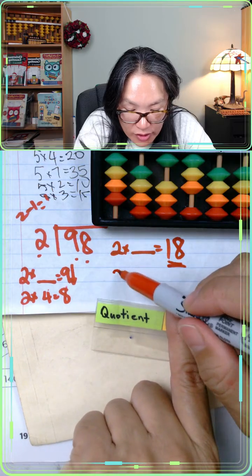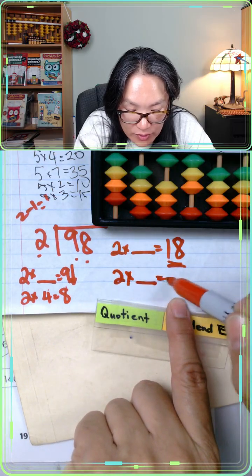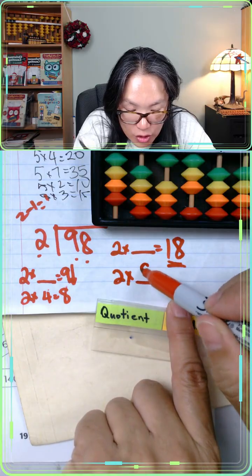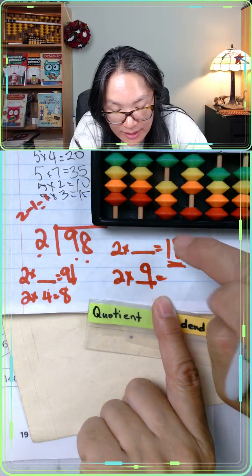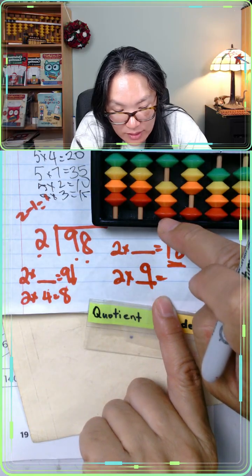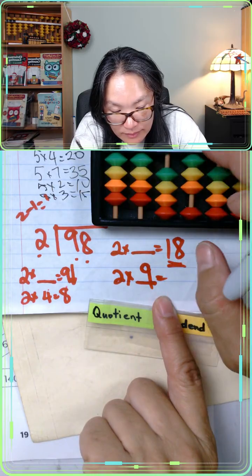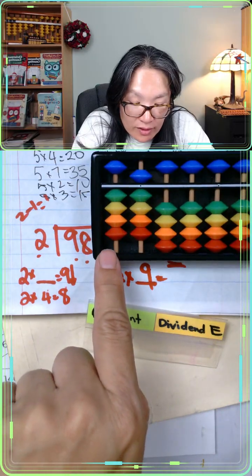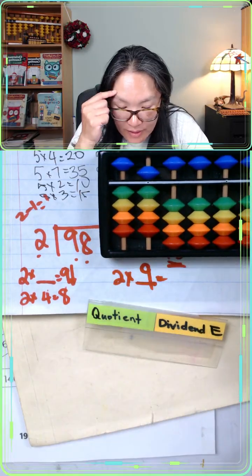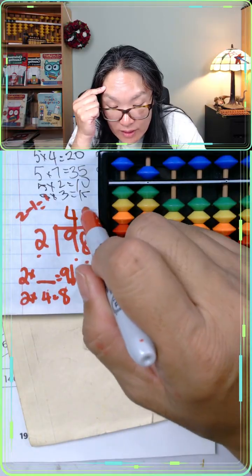So now my question goes, 2 times what is equal to 18 or less? 2 times 9. So I add my 9 on the abacus, and I take away 18. Take away 1, take away 8. So my final answer is 49.